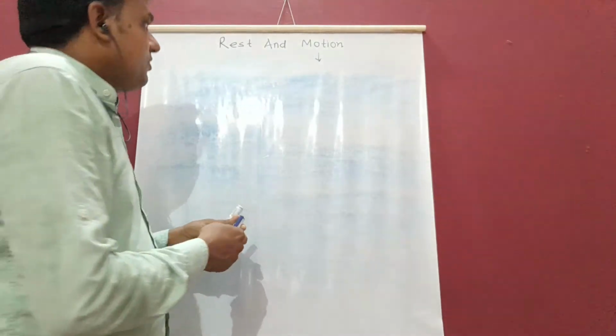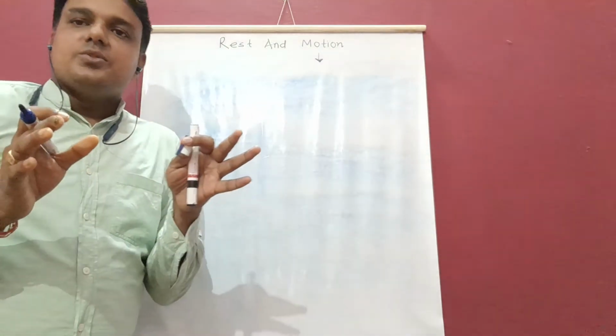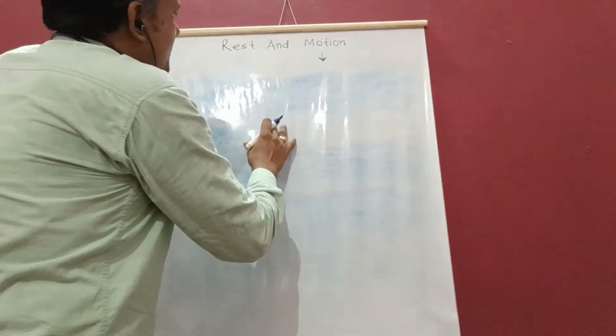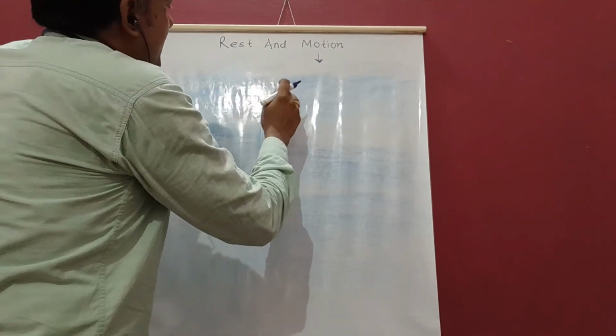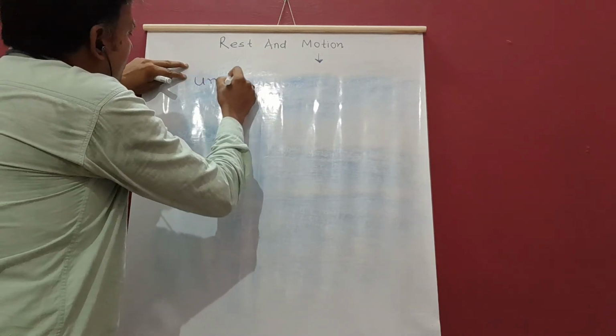And it is of two types according to position and time. Motion is classified as uniform and non-uniform motion, which we have also discussed.